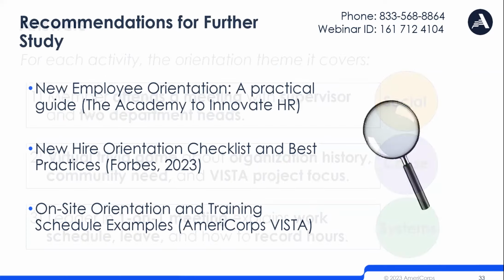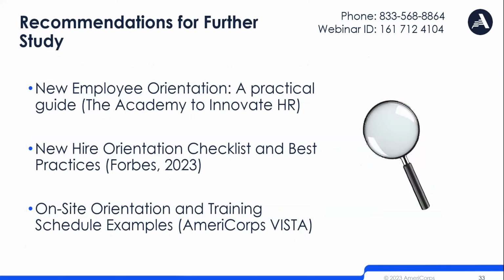We would like to leave you with some resources related to what we covered today, especially if you want to learn more about the topic of orienting members. First is a new employee orientation guide from the Academy to Innovate HR. Second is an article in Forbes magazine called New Hire Orientation Checklist and Best Practices. Both of these may have some ideas that you can adapt for your own on-site orientation.